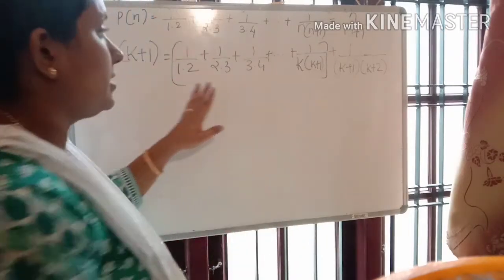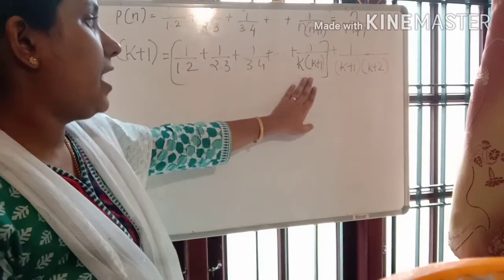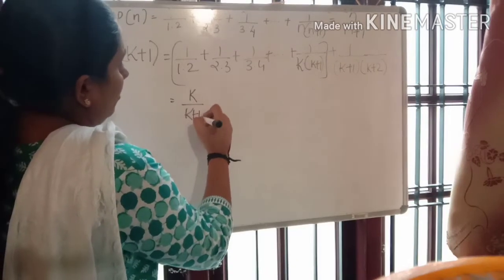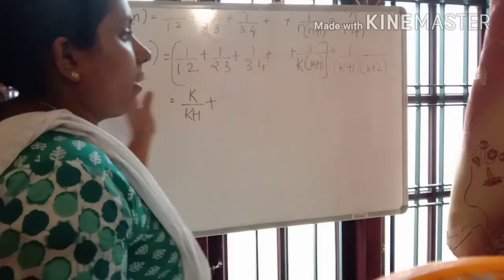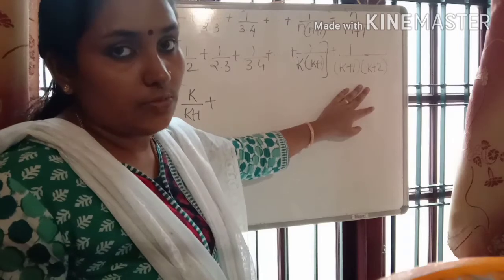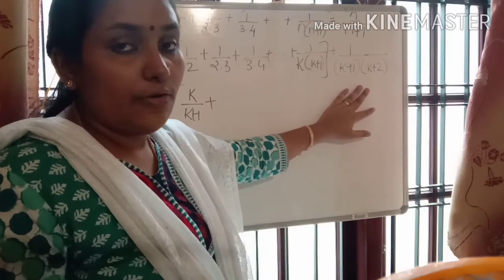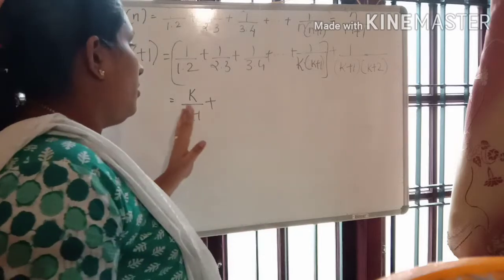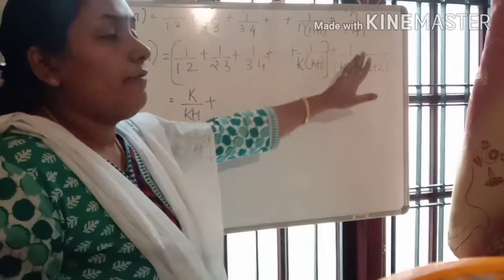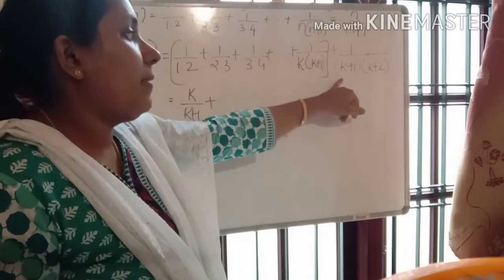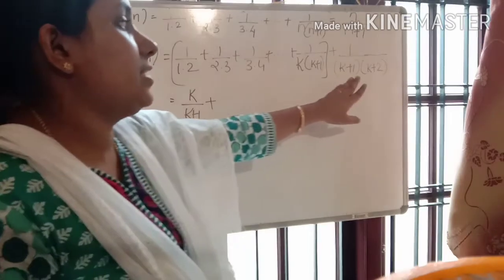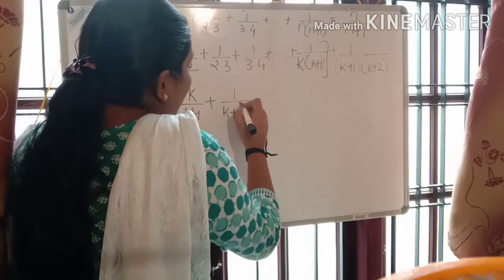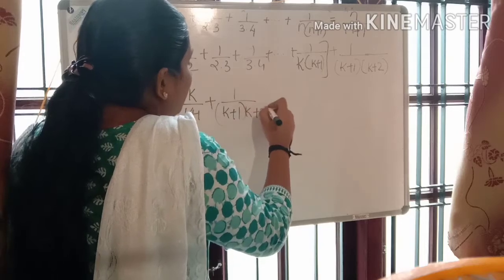For this part, we studied that the value is k by k plus 1. Additionally, we add this term for k plus 1 because after the k value, we get k plus 1 as the answer. So, next to P of k, the term will be 1 by k plus 1 into k plus 2, right? Just write this expression as k by k plus 1 plus 1 by k plus 1 into k plus 2.